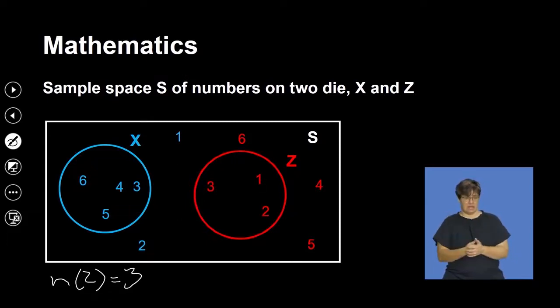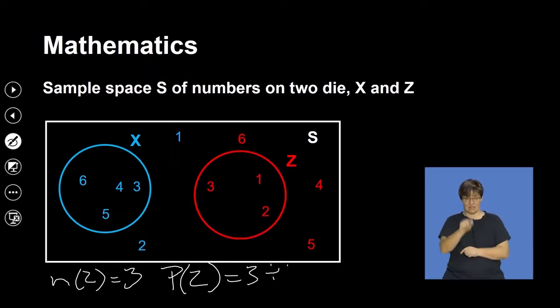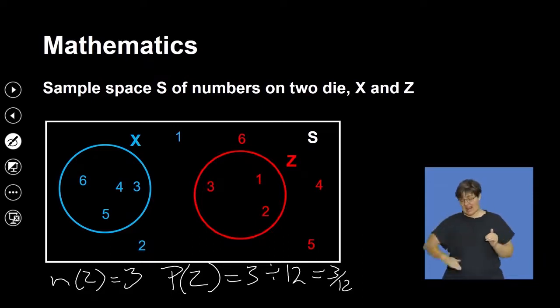So there are 3 values. So the probability of Z is going to be the total number of Z, which is 3, divided by the total number of values in the set, so we're going to get a value of 3 out of 12. Not quite the same, because you'll recognize there were more in X, less in Z.